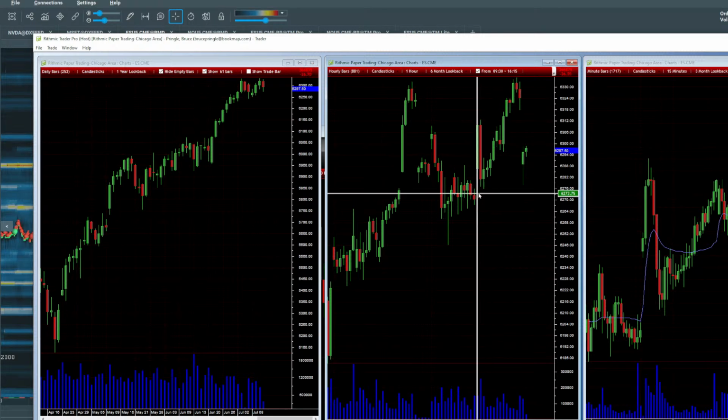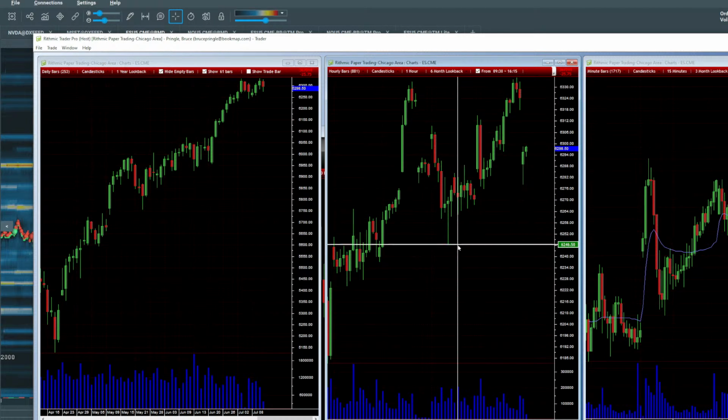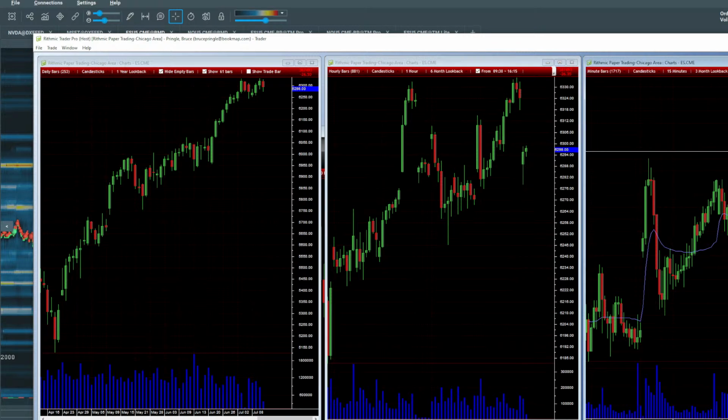Did we fill this gap from the other day? No, we didn't. We didn't go back down to these lows. So the market sold off, but it's starting to rebound now, and we're seeing buyers come back in. So what does the market think about this tariff stuff? Enough to sell off, but maybe a buying opportunity to bring it back up.